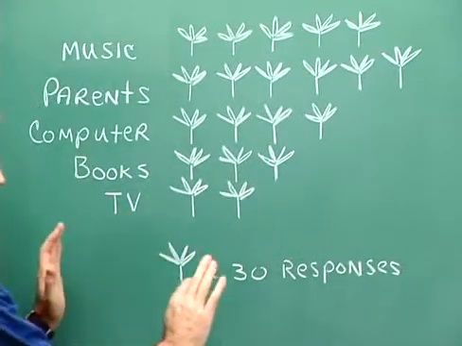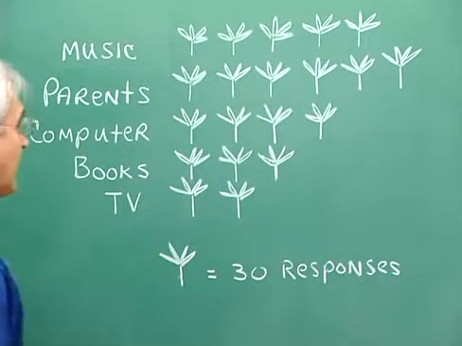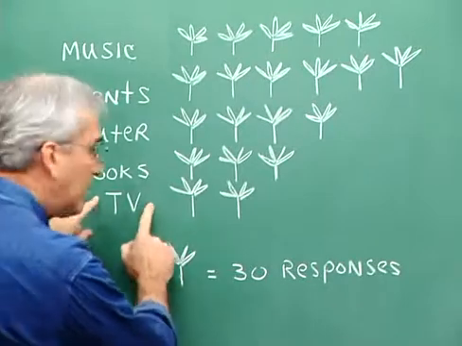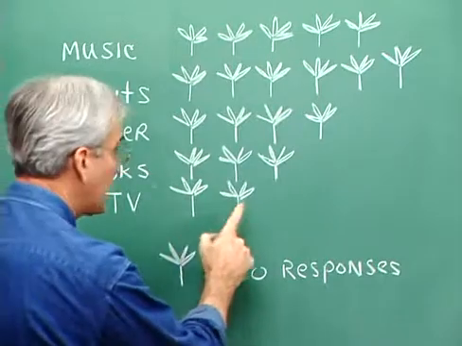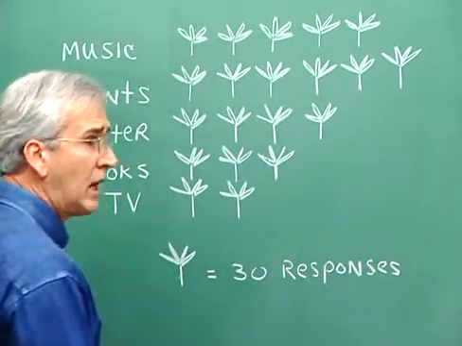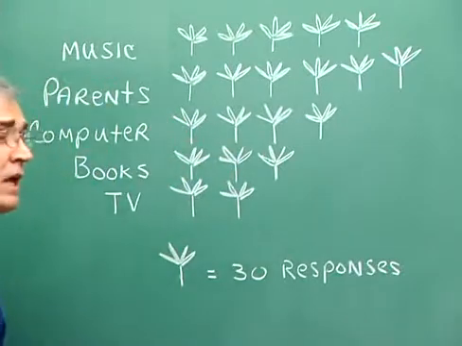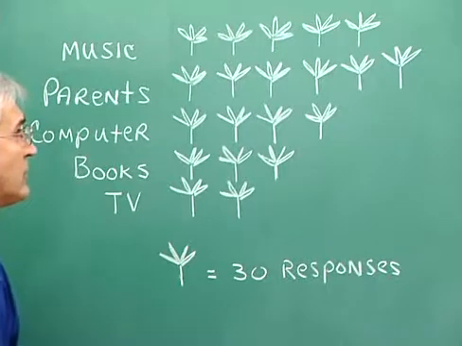So we can see that very quickly. The actual numbers involved require a little bit of calculation. For example, for the television respondents, we have, let's see, 30 is associated with this palm tree, 30 with this one, so that's a total of 60. Now we could write the total for each of these groups if we wanted to do that, and maybe a problem would ask us to do that, and it's pretty easy to do.